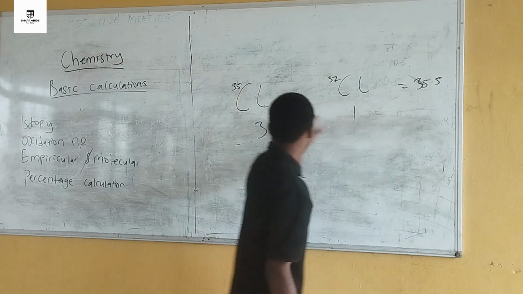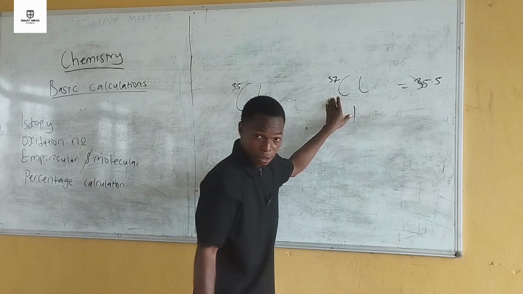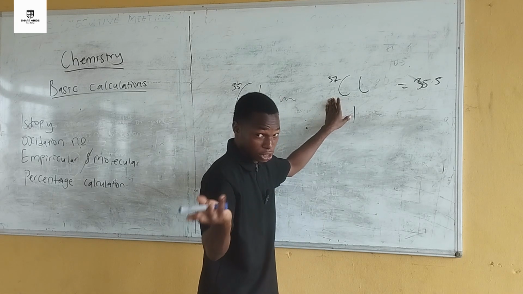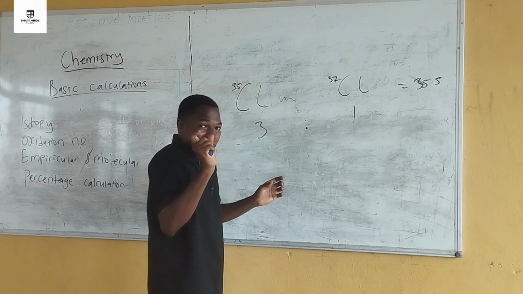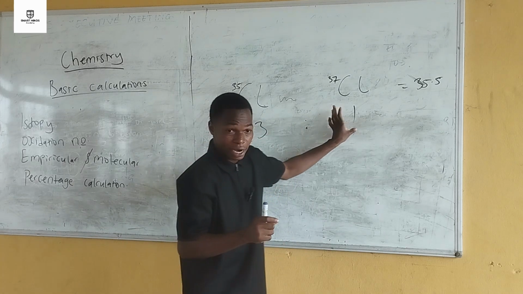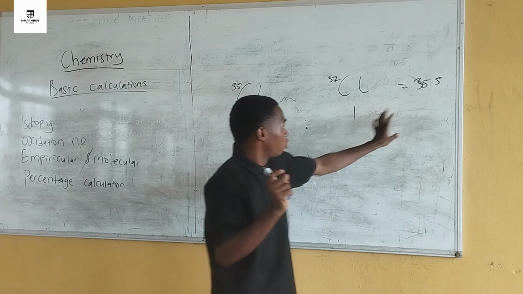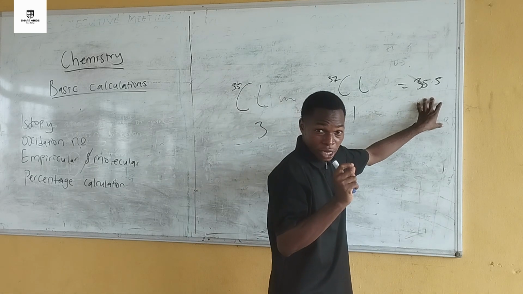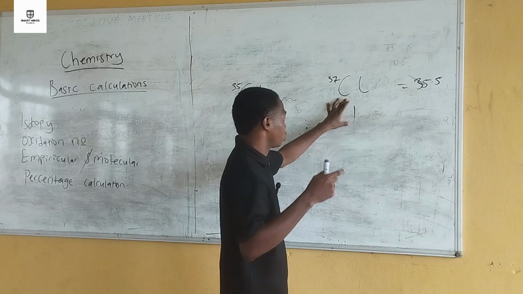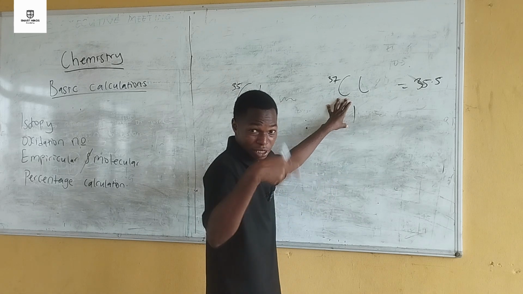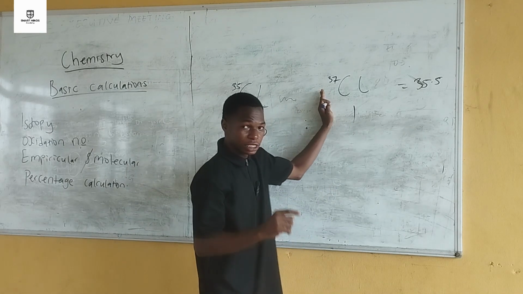You add your chocolate, you add your milk. So they want you to get the percentage of 37, the milk you use to form the tea. So you are getting the percentage of 1, which is 37.